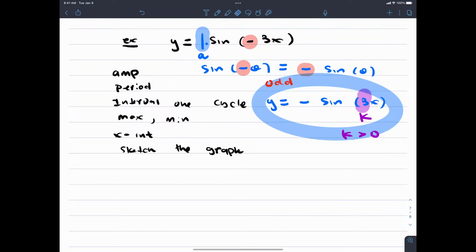Now you might say, does that change my a? And I say it sure does. Because now what is a? A is -1. It doesn't change your amplitude though, because the amplitude is the absolute value of a. So is that the absolute value of -1? It is, and the absolute value of -1 is 1.